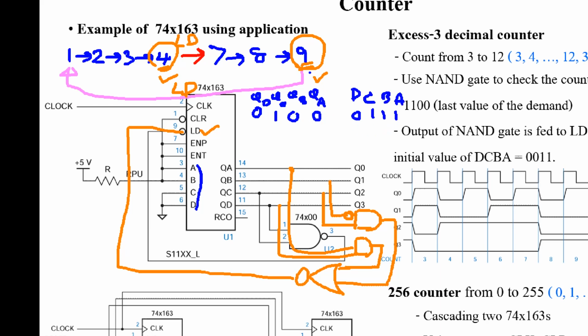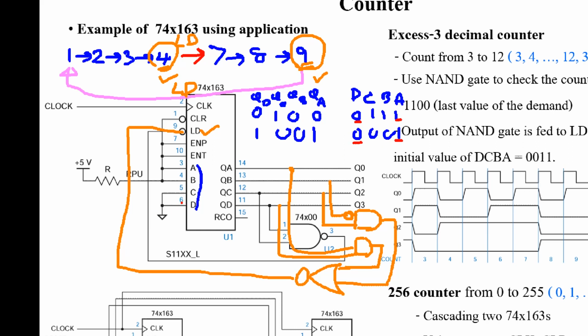But for state 9, 9 is 1, 0, 0, 1. The next state you want is 0, 0, 0, 1, right? So from this, input D is constant 0 and input A is constant 1.